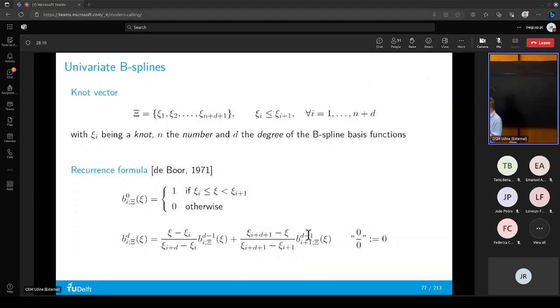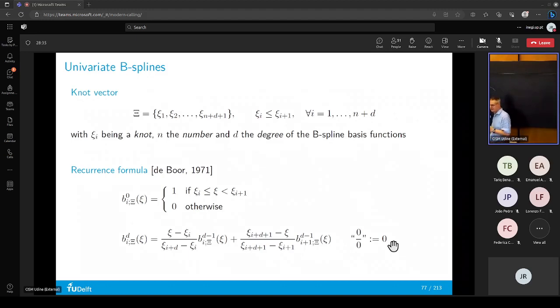The quadratic ones is a combination of the linear ones, which is a combination of the constant ones. So you see this recursion very quickly gets larger. And we need one small math trick, because it can be that we divide 0 by 0, and then we define this as 0 and not as not a number.